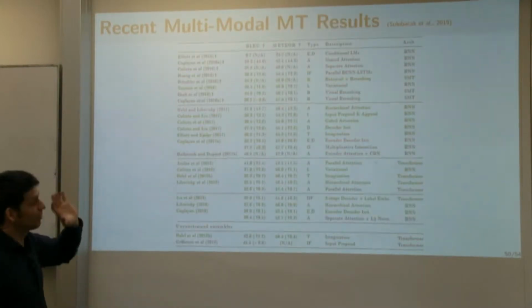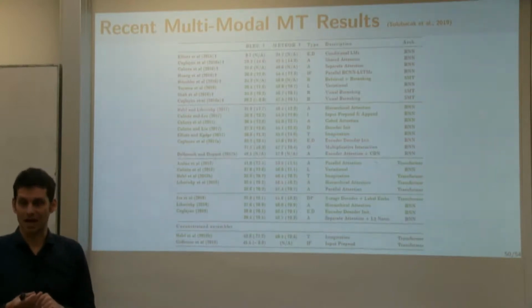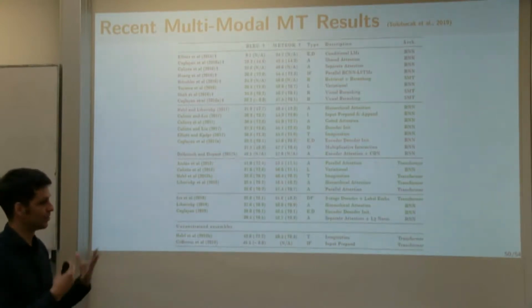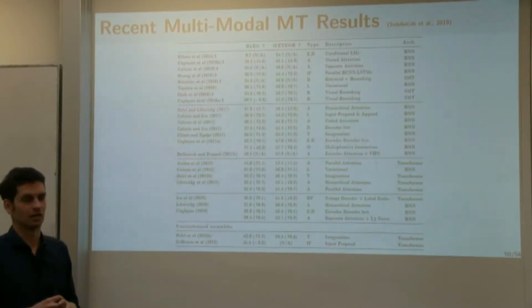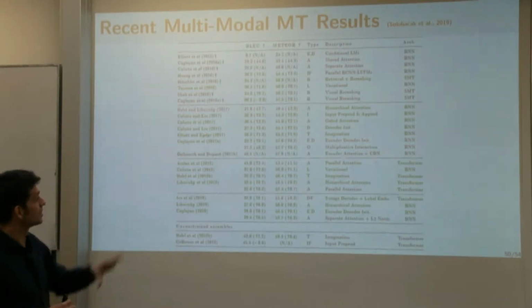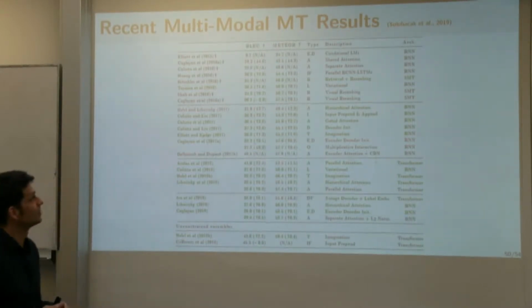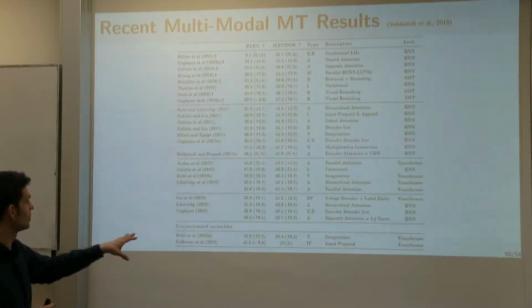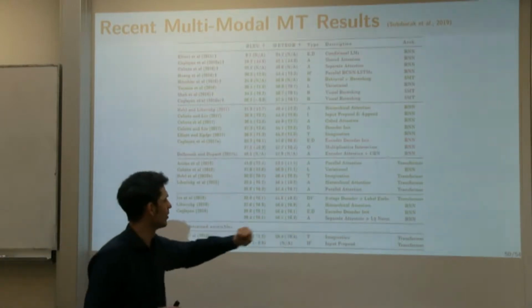And there were a number of shared tasks in this visually supported translation run. This is the summary table again from the survey by Sulubachak, and you see that people use various approaches. The hierarchical attention is among the best ones.